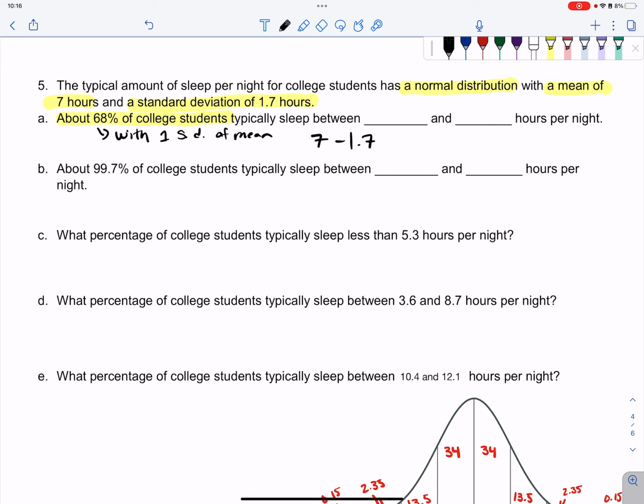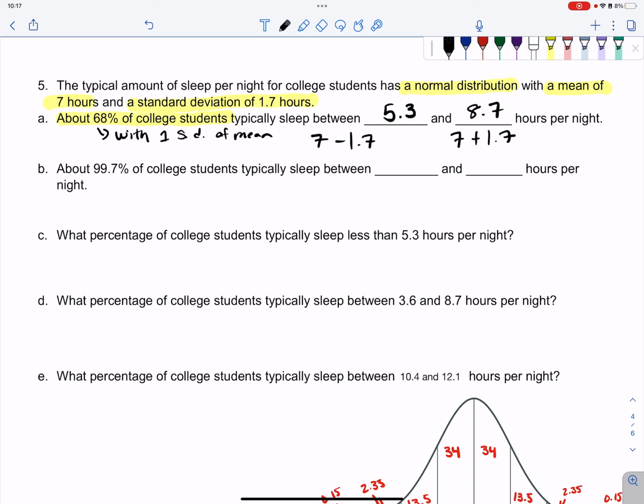So 7 minus 1.7 gives us 5.3. Then I take my mean of 7 and add the standard deviation of 1.7 to it, and that gives us 8.7. So we can say 68% of college students typically sleep between 5.3 and 8.7 hours per night.